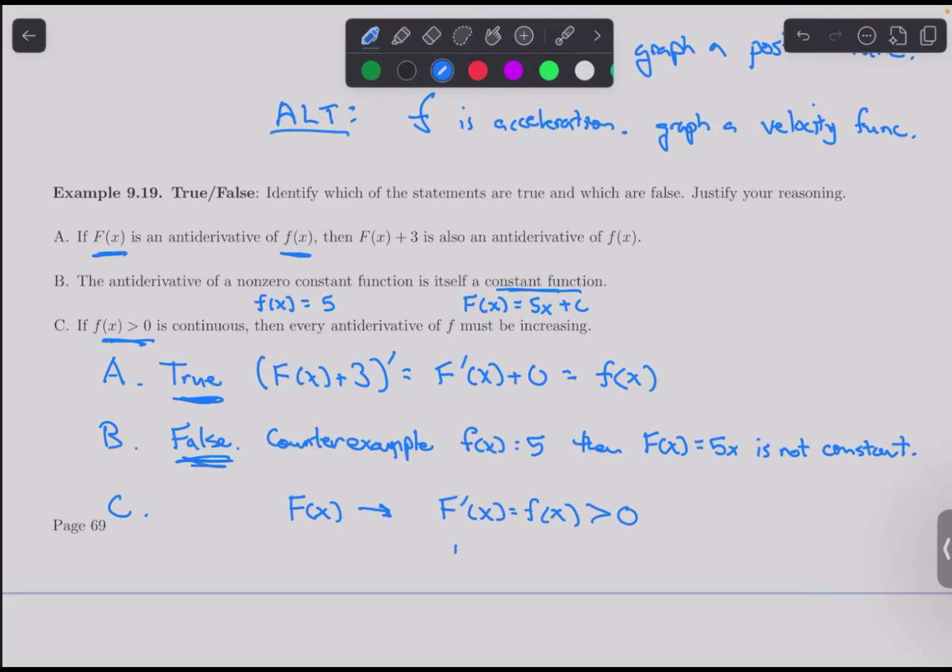Therefore the derivative of capital F is supposed to be positive. So if our derivative is positive, the question is, is this increasing or not? Well, that's exactly true, back from earlier in chapter 3. When we have a positive slope or a positive derivative, that means that our original function was increasing. So this is going to be a true statement.